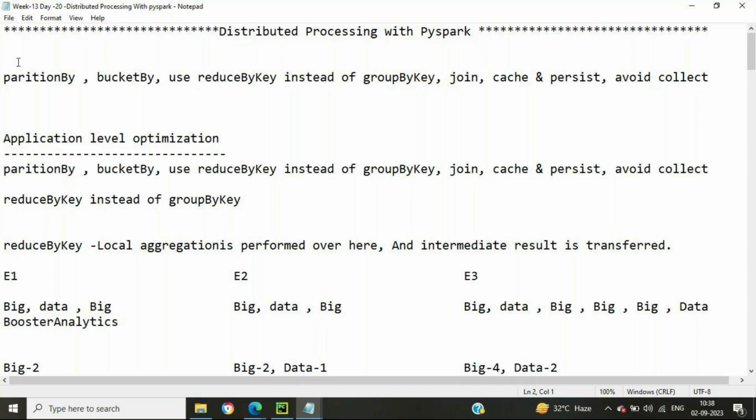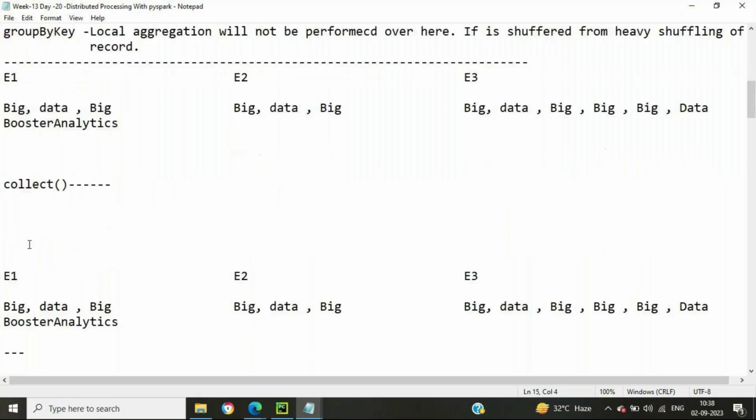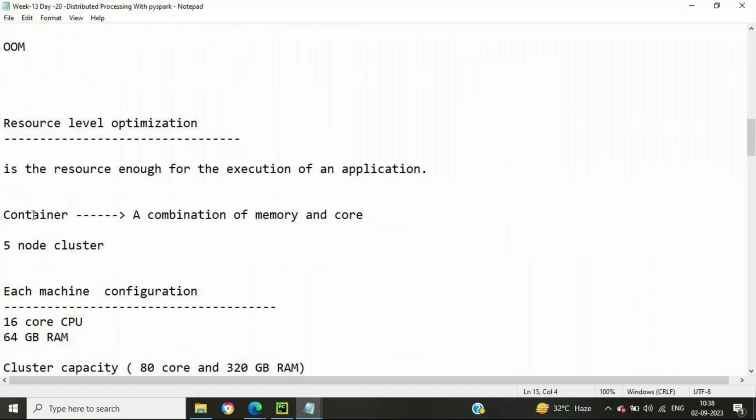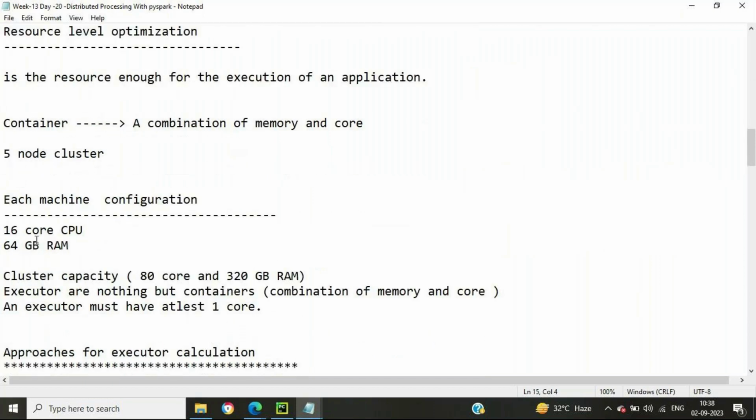And over there, we discussed fat executor and thin executor. All the resources given in a particular cluster are divided in terms of executors. Executors are nothing but containers, a combination of memory and core.